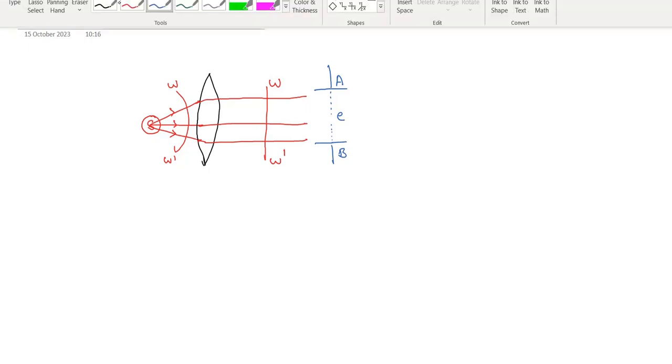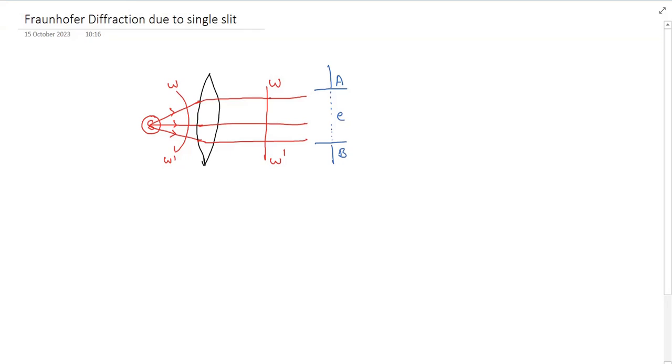Now light beam W' reached this slit of width e. According to Huygens-Fresnel, every point on this wavelet acts like a secondary source and radiates light in all possible directions.